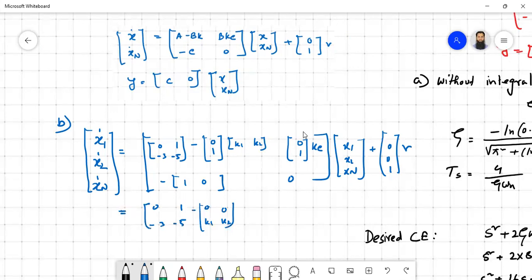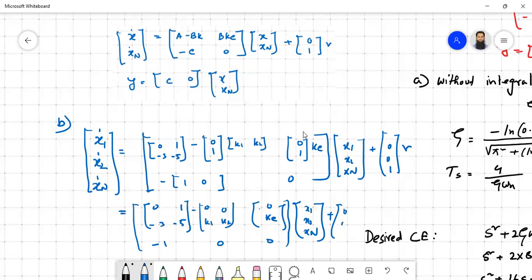So this is your A minus BK, then you have 0, K, and you have minus 1, 0, 0 with x1, x2, xn plus 0, 0, 1 r.